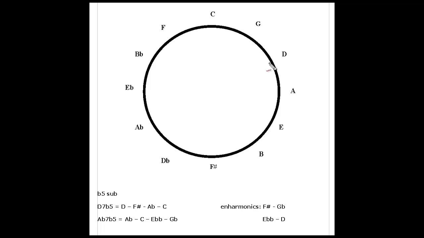In other words, instead of playing D, he used a chord that was the flattened fifth of D. And to find the flattened fifth, we move directly across and we'll find the flat 5 on the exact opposite side of the chord we began on. So in other words, we're starting on D, and the flattened fifth of D is A flat.